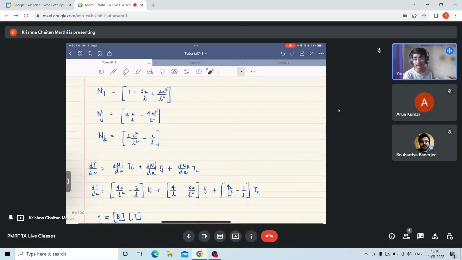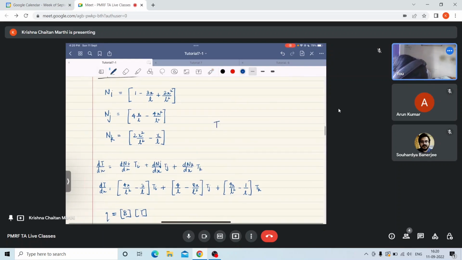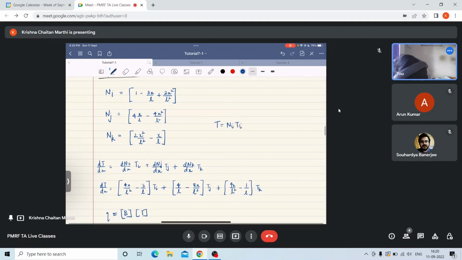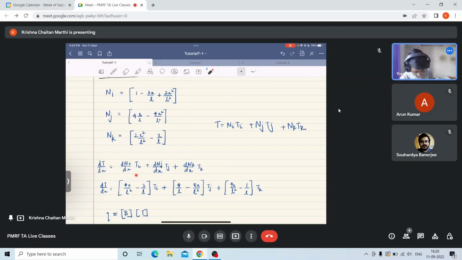Also I can find the derivative of my temperature profile dT by dx in terms of Ni, Nj and Nk. Since my T is equal to Ni Ti plus Nj Tj plus Nk Tk, my dT by dx will be dNi by dx, since Ni is a function of x, Nj is also a function of x, and Nk is also a function of x.